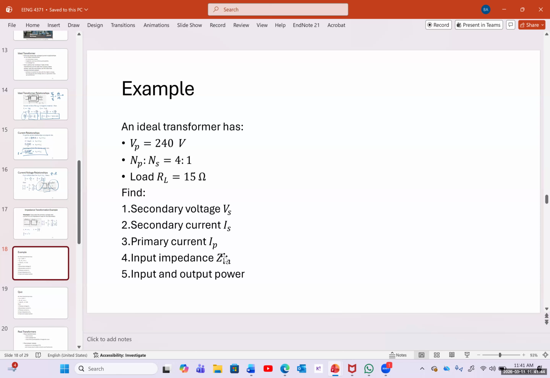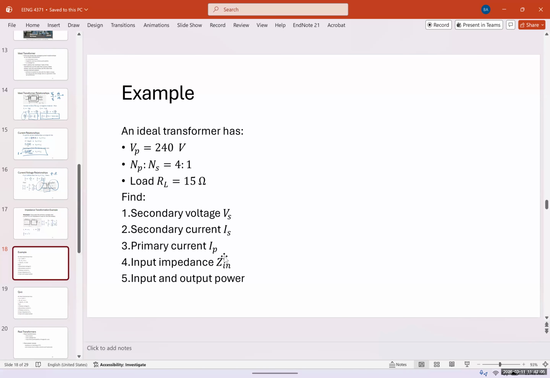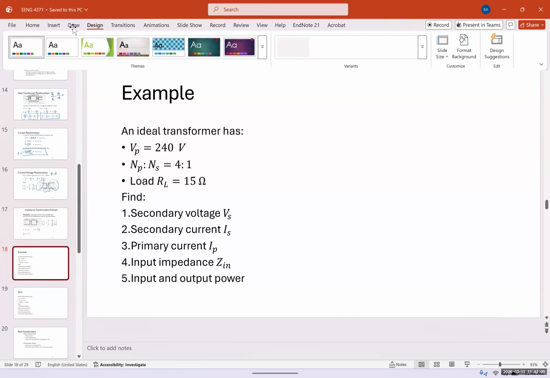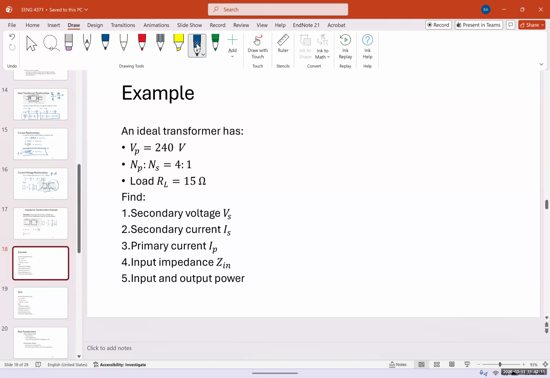I'll give you a few minutes to think on this, and then I would solve it. So the first one and the second one would be as a quiz.